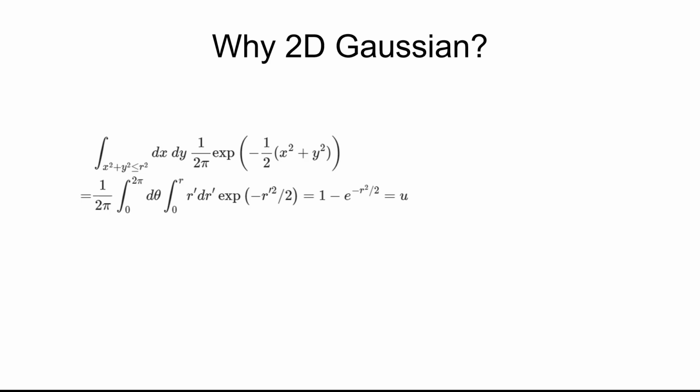It does not give an analytical expression at the end. But if we do that in 2D space, then we can convert it to radial coordinates in r theta space, so that we can get the analytical result for that. That gives us a nice and clean expression between r and u. So that's why we want to sample in 2D space instead of 1D space.